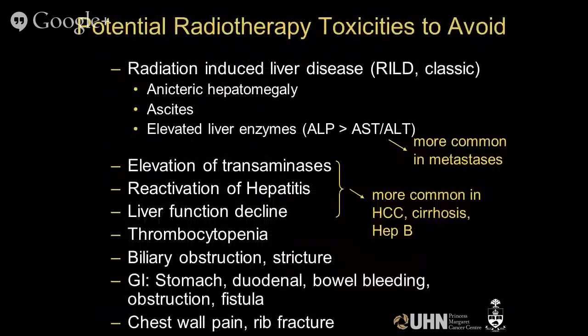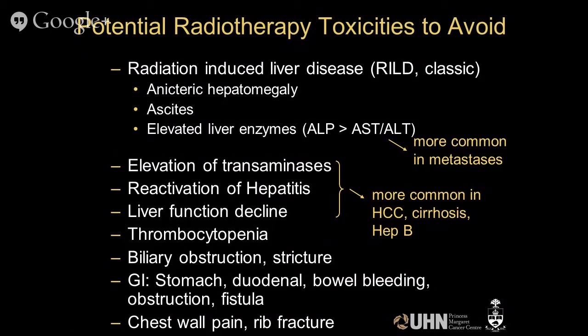So we're going to change gears and just briefly focus on some selected outcomes. This is a list of some of the potential radiotherapy toxicities that are crucial to avoid. Radiation-induced liver disease can be fatal. Classic radiation-induced liver disease consists of anicteric hepatomegaly, ascites, and elevated liver enzymes, and that's more common in metastases, and we have a much better understanding now about how to avoid that.